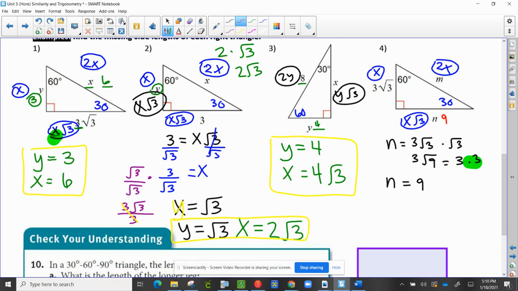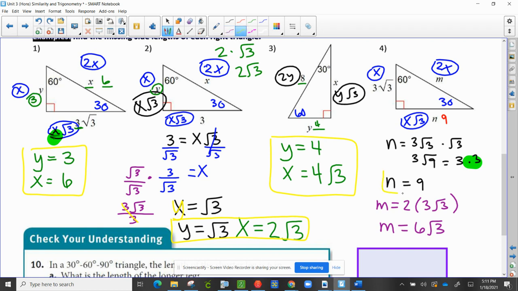Okay. Remember our hypotenuse, so in this problem it would be the m, is always 2 times our short side. So 2 times, my short leg was 3 root 3. So 2 times 3 root 3 then is just, well, 2 times 3 is 6. So 6 root 3.